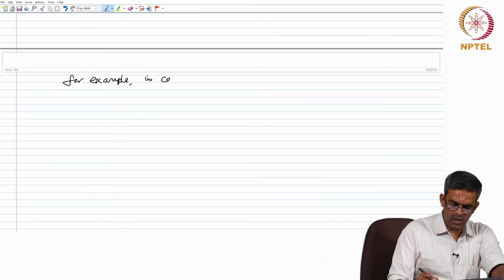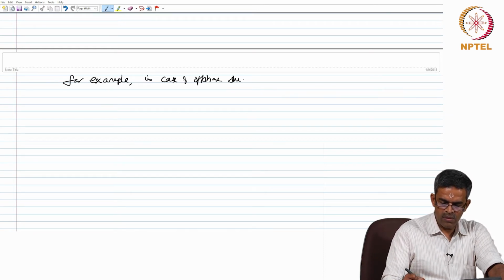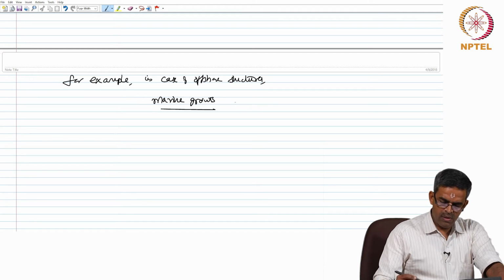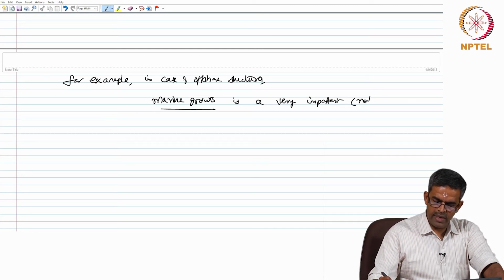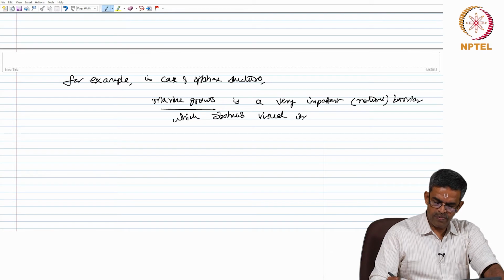In case of offshore structures, marine growth is a very important, I should say, natural barrier which obstructs visual inspection significantly.